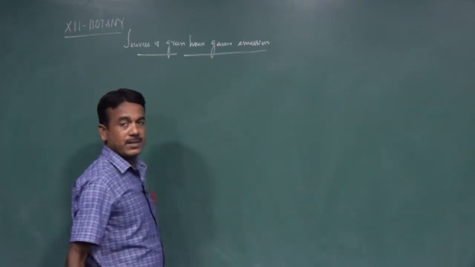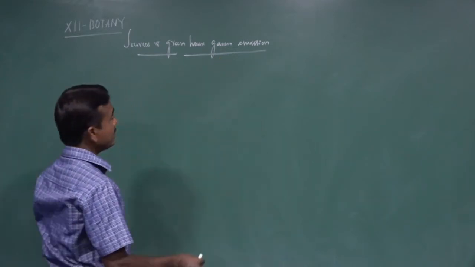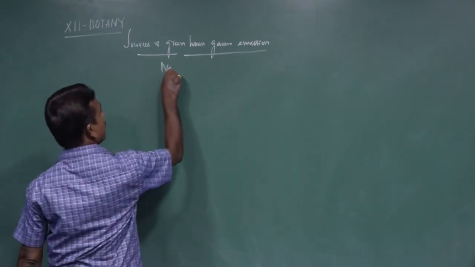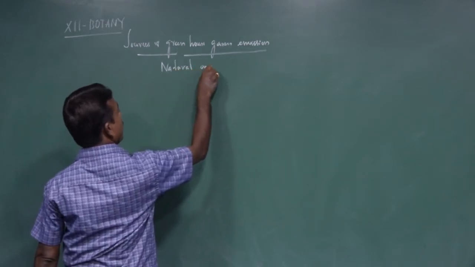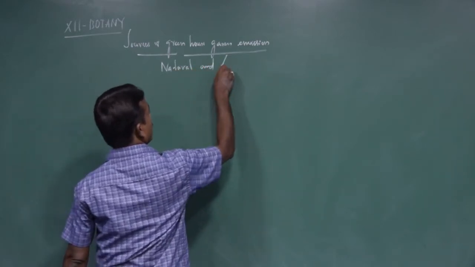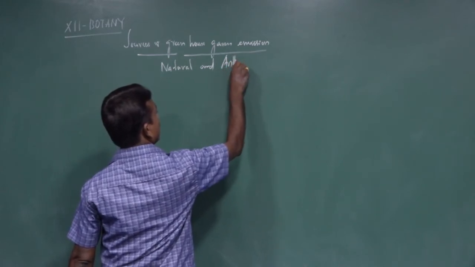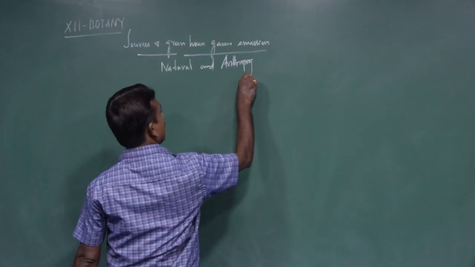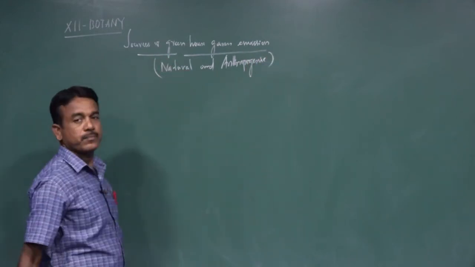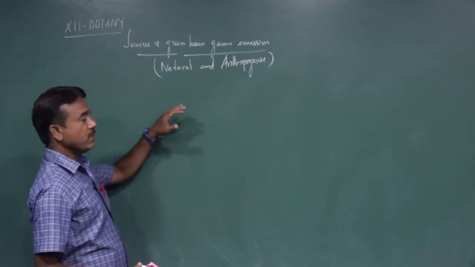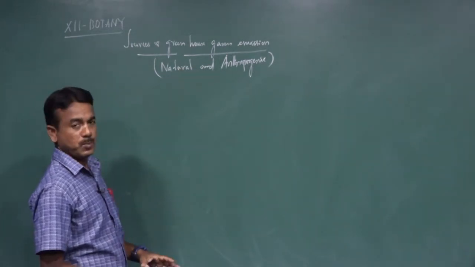Sources of greenhouse gases emission occur naturally and anthropogenic, because greenhouse gases may be emitted naturally as well as anthropogenically.